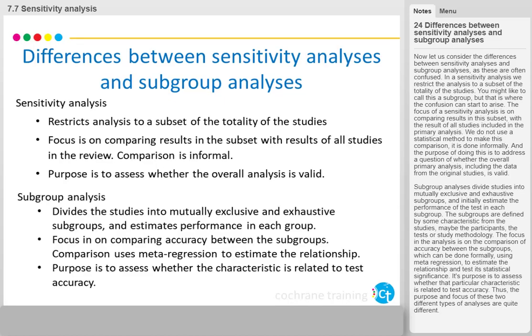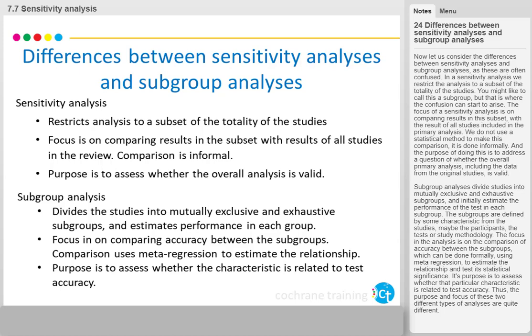Subgroup analyses divide studies into mutually exclusive and exhaustive subgroups, and initially estimate the performance of the test in each subgroup. The subgroups are defined by some characteristic from the studies, maybe the participants, the tests, or study methodology.